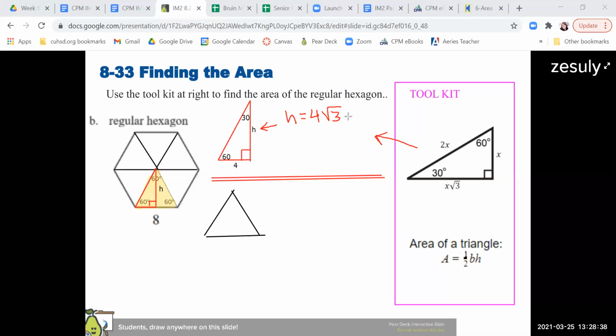It's equilateral. The base of the yellow triangle is 8. And then the height, right? I'll go ahead and draw in the height. The height of this equilateral triangle is now 4√3.